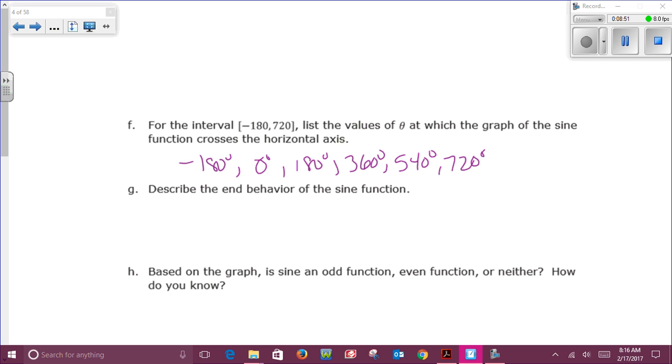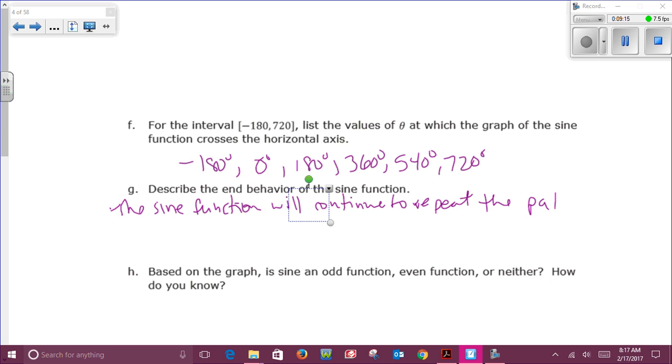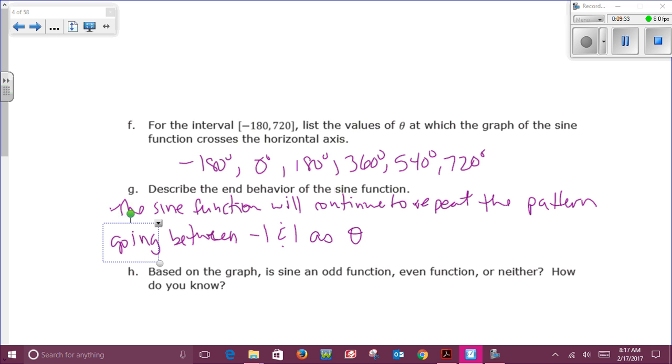Describe the end behavior of the sine function. Well, the sine function will continue to repeat the pattern going between negative 1 and 1 as theta approaches infinity or theta approaches negative infinity.